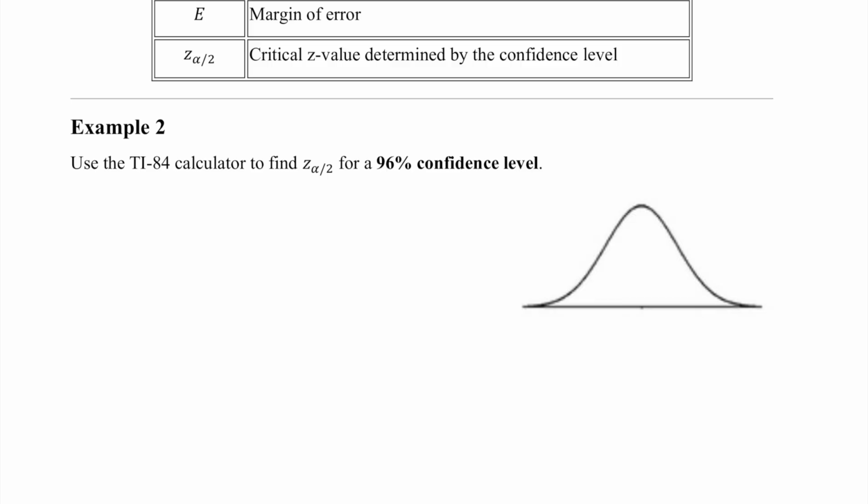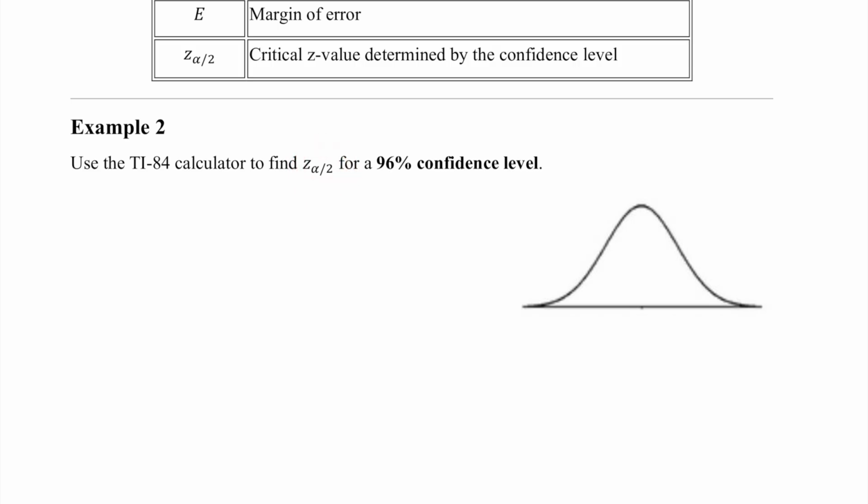Now, let's look at example 2. Find z sub alpha over 2 for a 96% confidence level. The critical value z sub alpha over 2 comes from the standard normal distribution. For the standard normal distribution, the mean is 0.